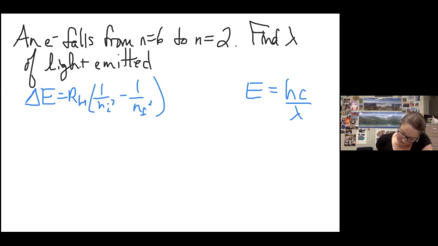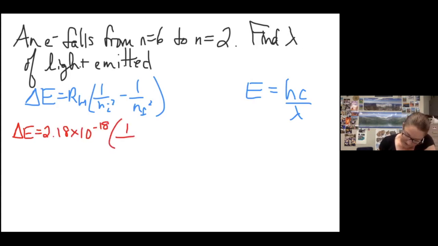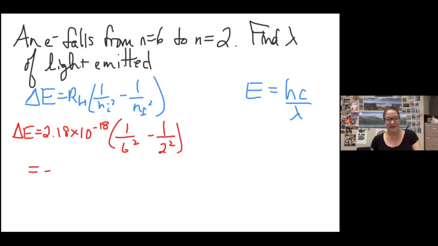So solving. 2.18 times 10 to the negative 18th times 1 over the initial shell squared minus 1 over the final shell squared. I'm going to get a negative energy value here because I know energy is going to be released. So 1/36 minus 1/4.